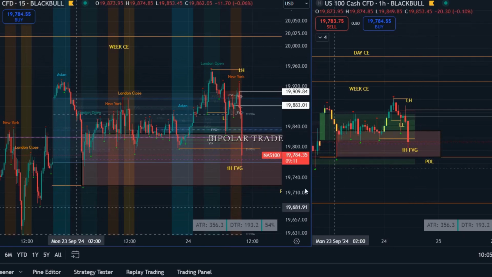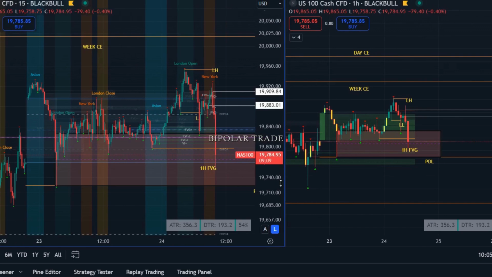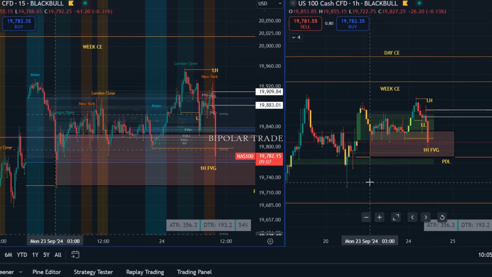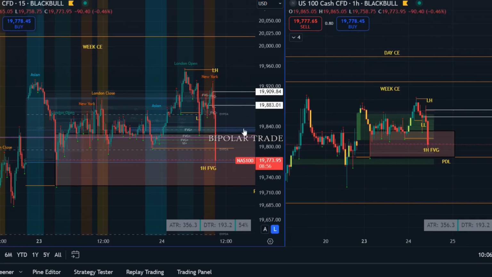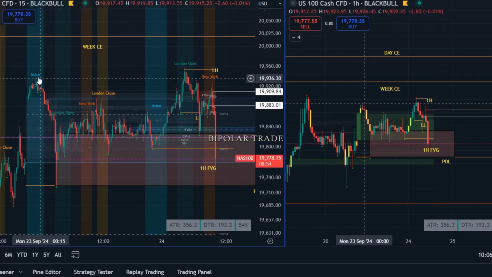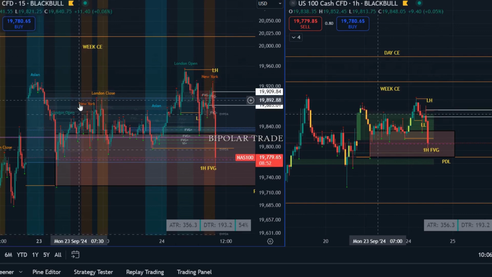The rejection block. And also, the current market is at Friday POC. Friday, New York session POC. This is about the volume.